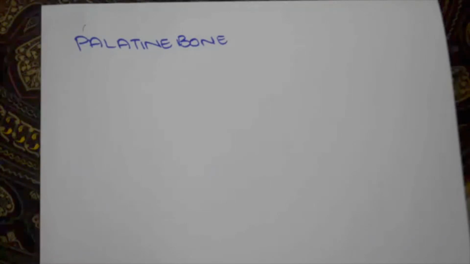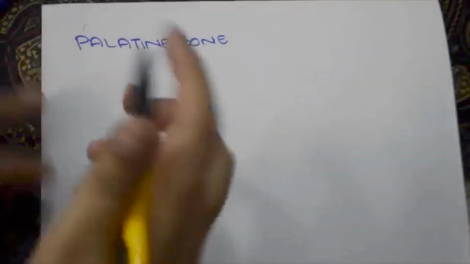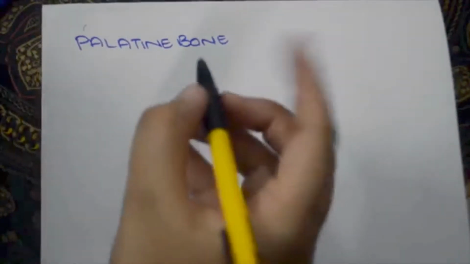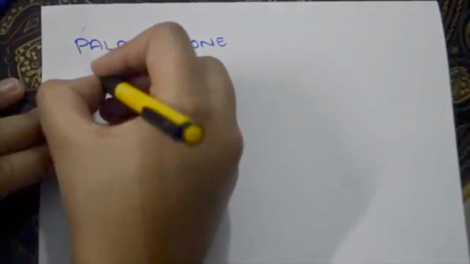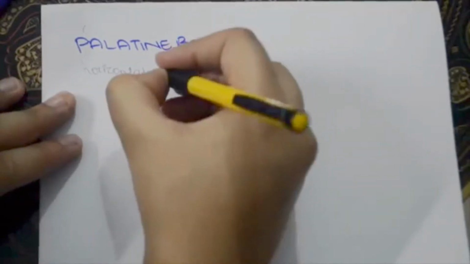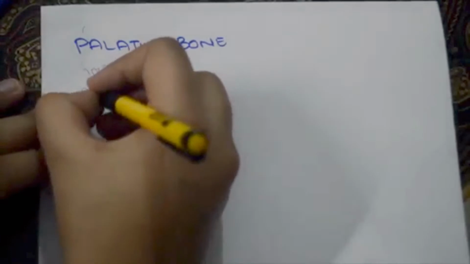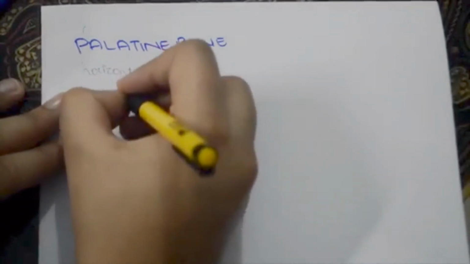That is all I knew, because that was what I could see in picture. But I have to make a picture in my head of what it actually is. It has two parts. The first is the horizontal part, that is known as the horizontal plate, and the other is the perpendicular part, or the perpendicular plate.